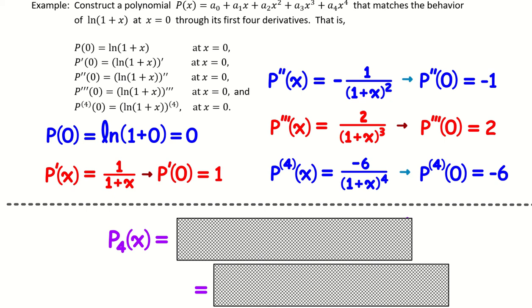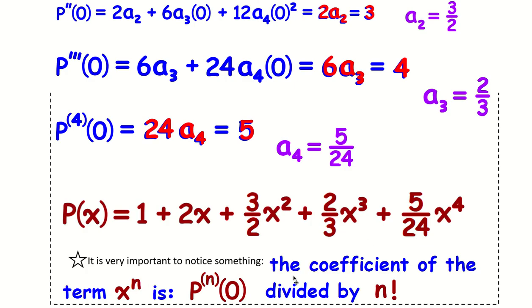You might be writing this down, but what we've done is we figured out what p of 0 is supposed to equal, p prime of 0 is supposed to equal, p double prime, and so on. And the actual polynomial is going to be like what we found back here.